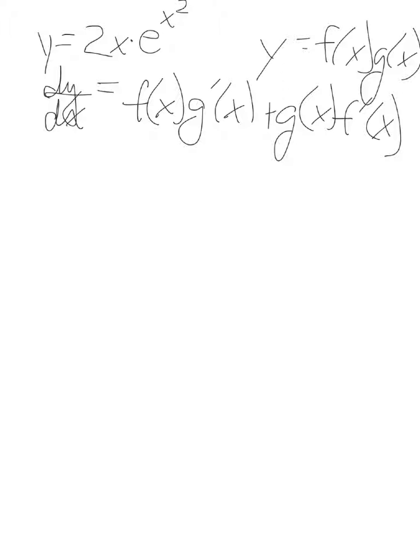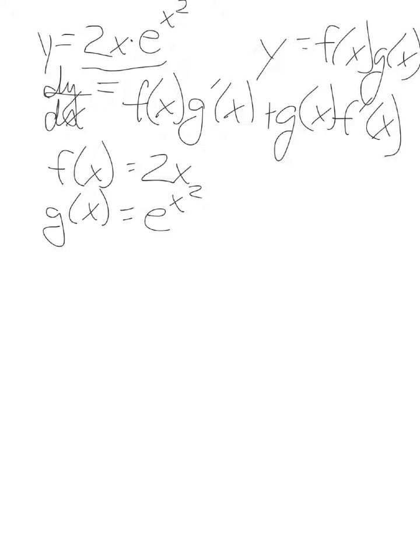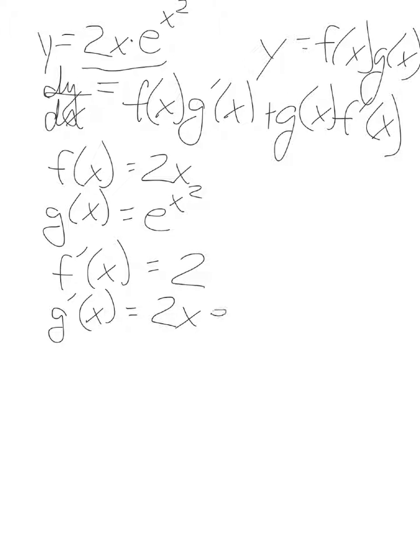Okay? So in this problem here, let's let f of x equal 2x, g of x is equal to e to the x squared. So f prime of x, that's just the derivative of 2x, is just going to be 2. G prime of x, and we've actually done that before, is going to be 2x times e to the x squared.